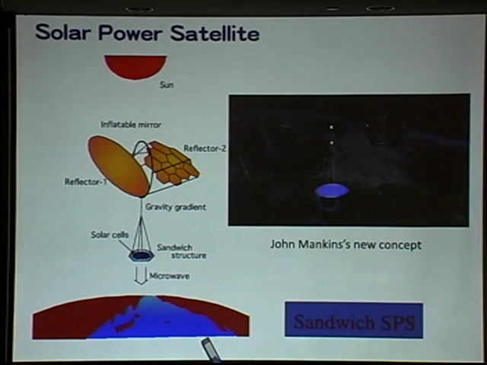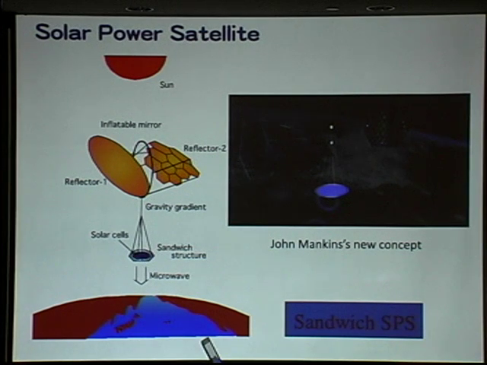On one side, solar cells. On the opposite side, a microwave power transmitter. Solar energy is reflected twice and concentrated on the solar cells, and electricity is generated by the solar cells and converted to microwaves to the ground.